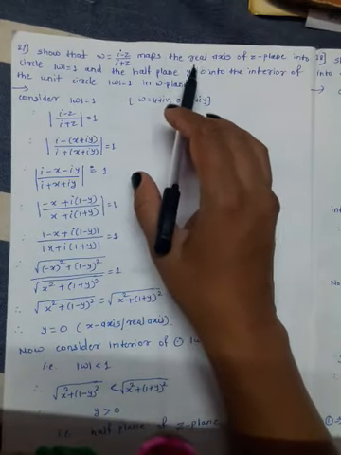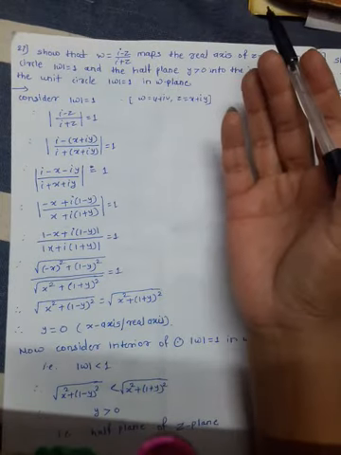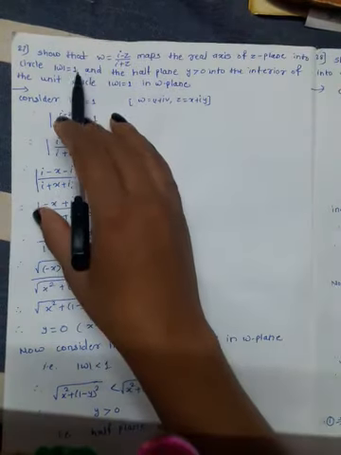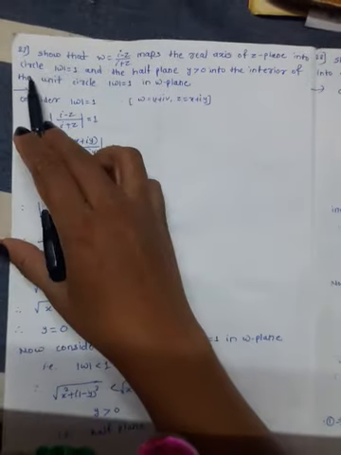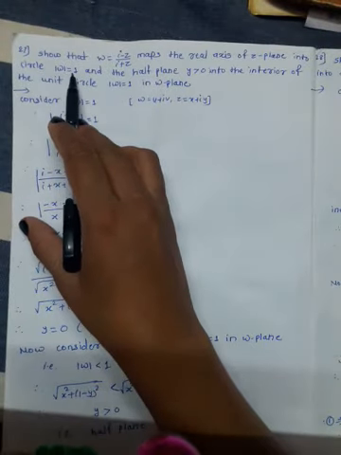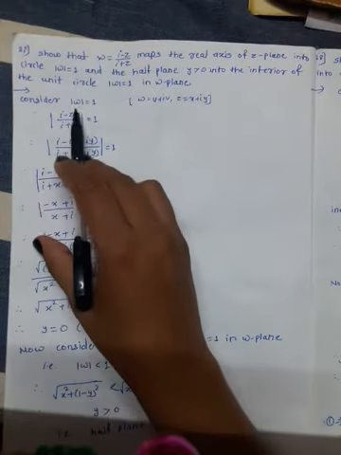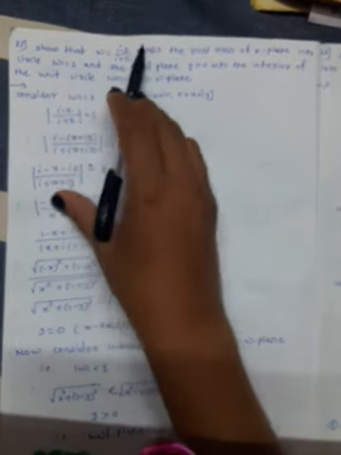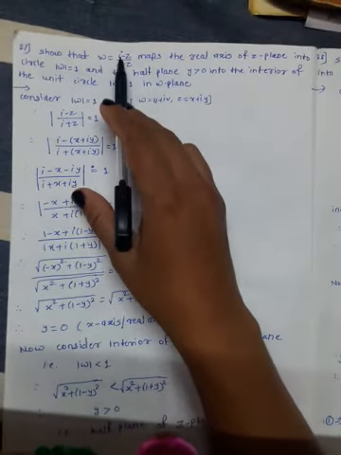Now, real axis means y is equal to 0, but we can't start from y is equal to 0. That's why, according to our convenience, we start from mod w is equal to 1. Now we have to use this information to solve this.